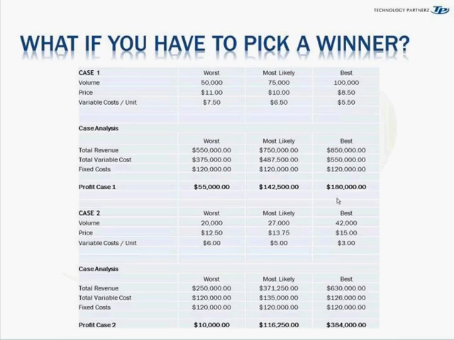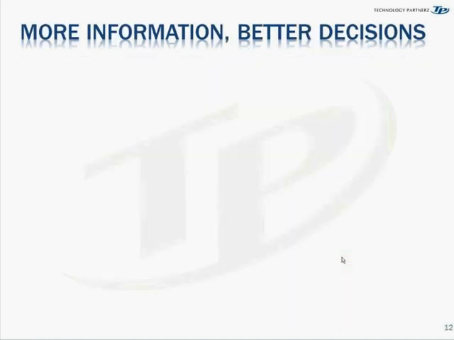If we took this a step further, with the same thing but now looking at two cases. The first case we already looked at, 142.5 being our most likely. The second one is another product, with a worst case of 10,000, a most likely of 116, but could have a best case of 384.